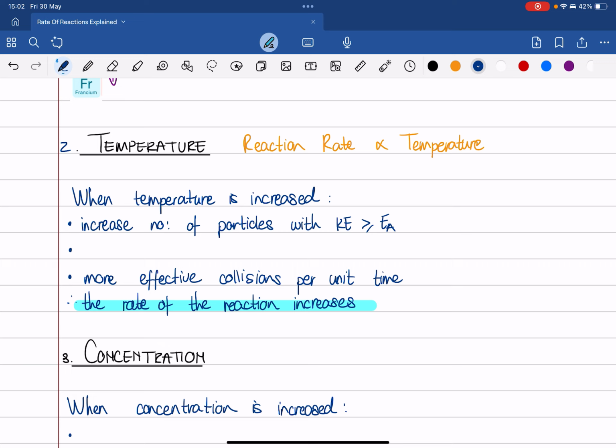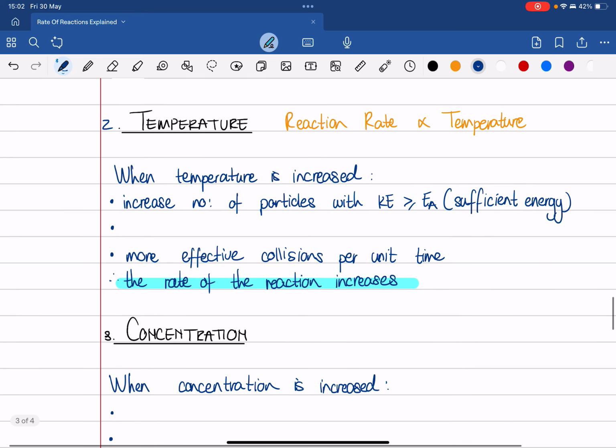Okay, so in essence, you've got more particles with sufficient energy. And if you've got more particles with sufficient energy, you will have more effective collisions.